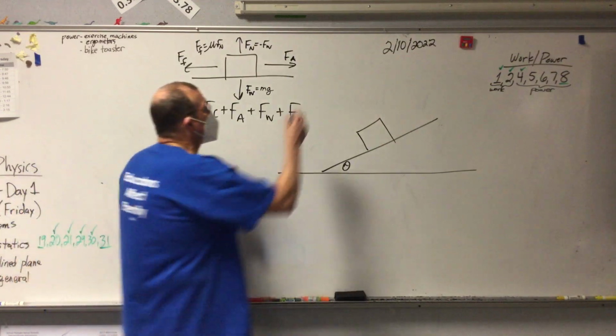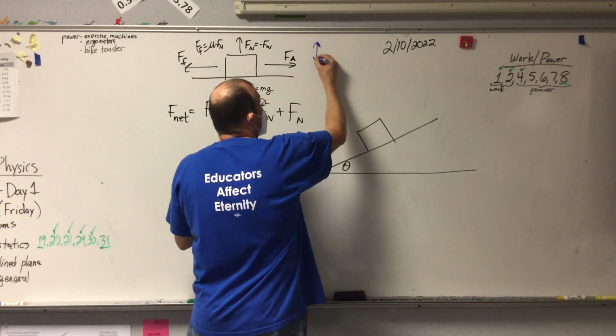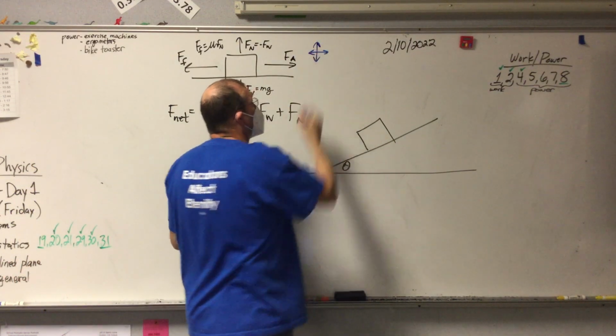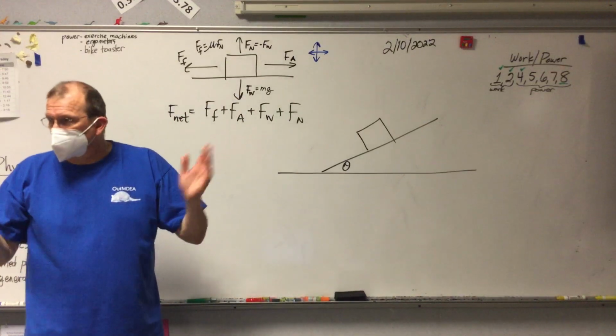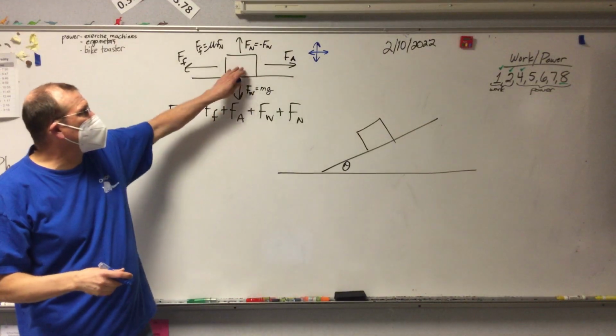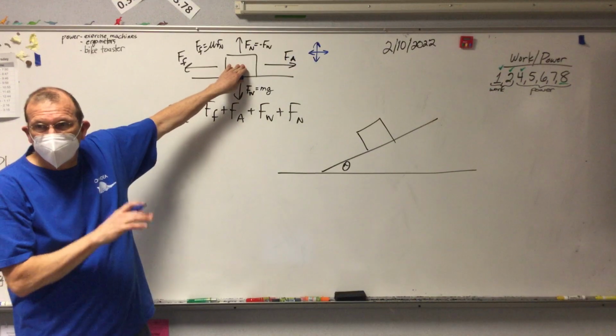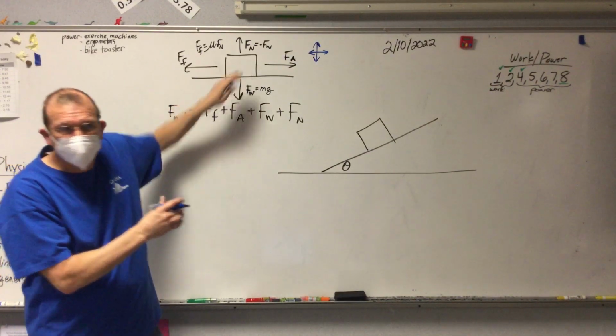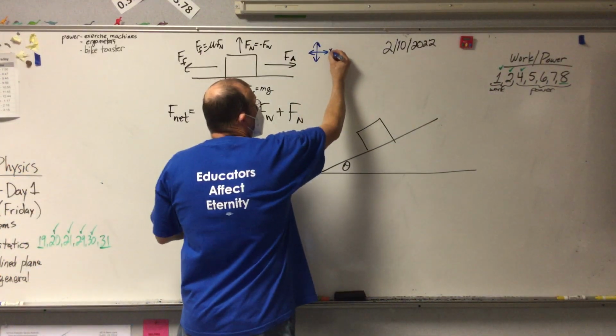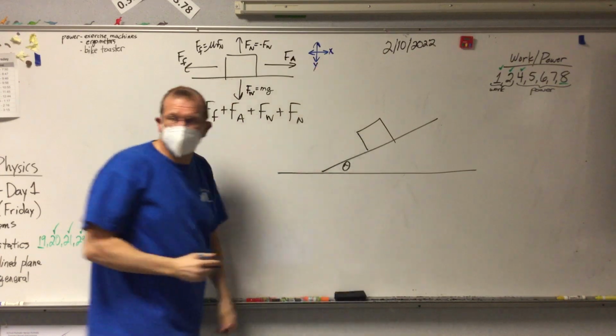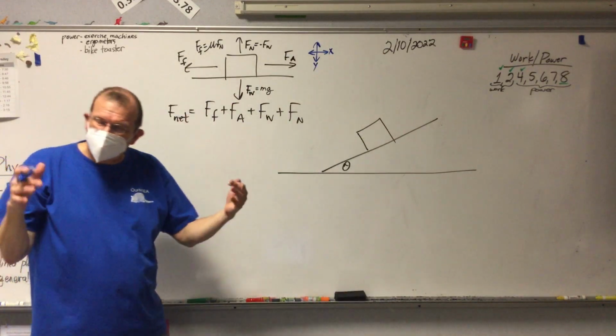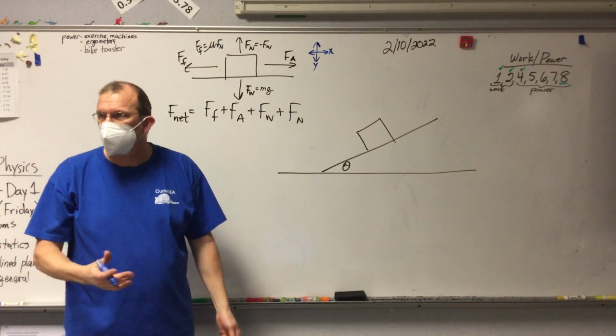So it would end up looking like a Cartesian coordinate system. And if we ever had to deal with a problem vector in this scenario, we would usually call this one the x dimension and this one the y dimension because it ties in nicely with what you do in math.